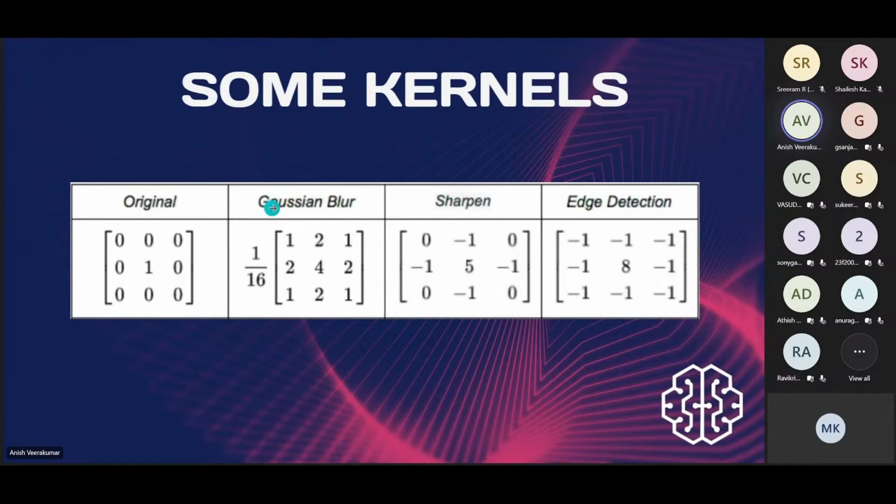So moving on to the second type of kernel, it's the Gaussian blur. Most of you might have come across Gaussian blur in your mobile phone, but you might not have explicitly known that it is Gaussian blur. Gaussian blur is, of course, a blurring kernel. What it does is it gives more weightage to the pixel, and the weightage slowly decreases as you move away.